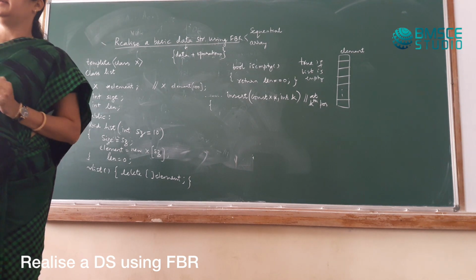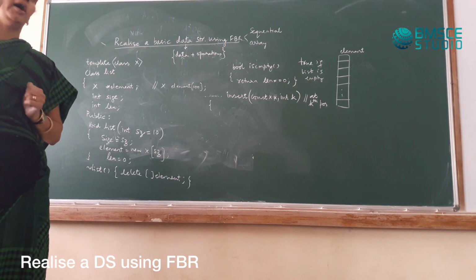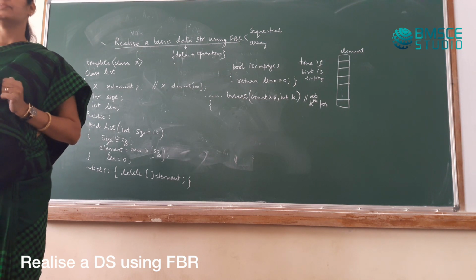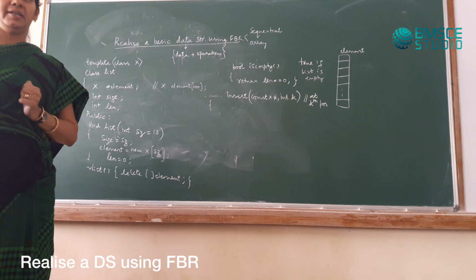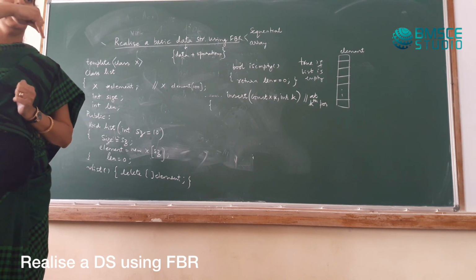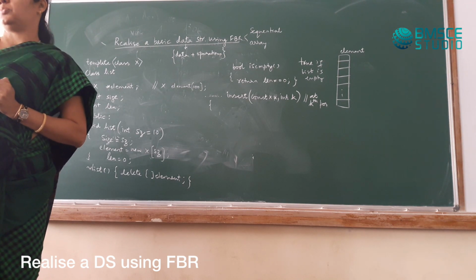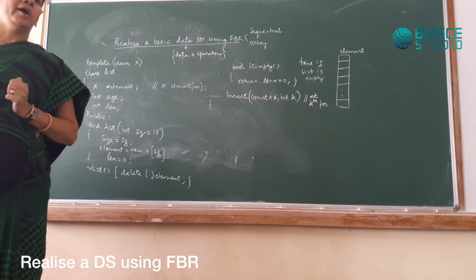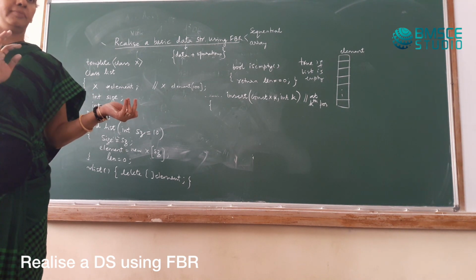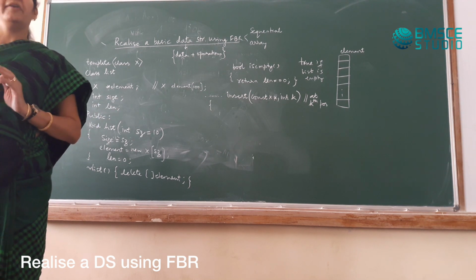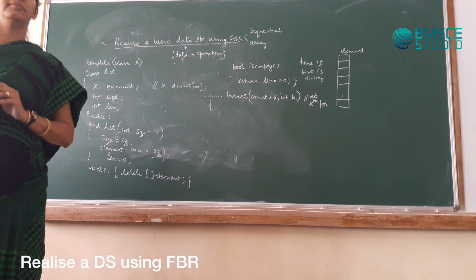Wherever you are getting the data from the user, you have to validate it. Now there are two data that we are getting from the user: the data that is to be stored and the position at which it is to be stored. There is no point in validating the data because that's the data the user wants to store. But we have to validate the position.